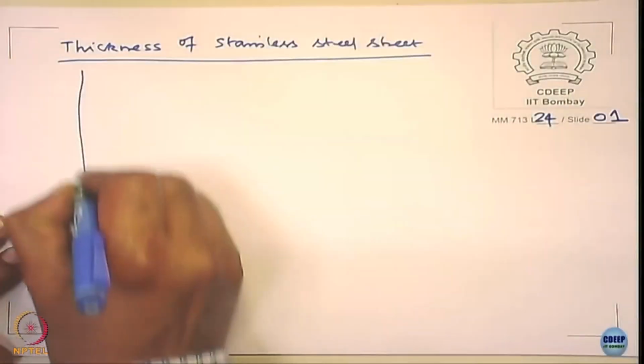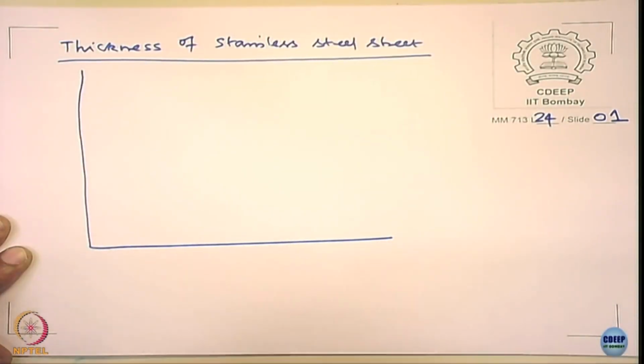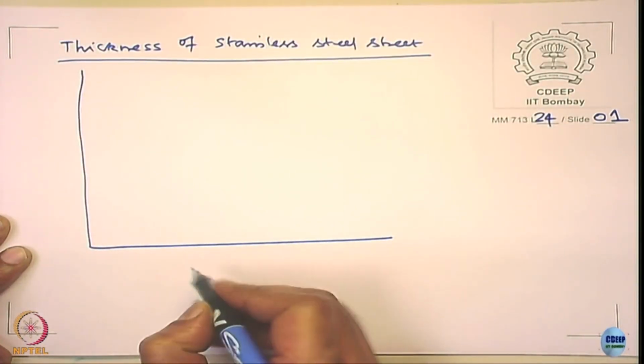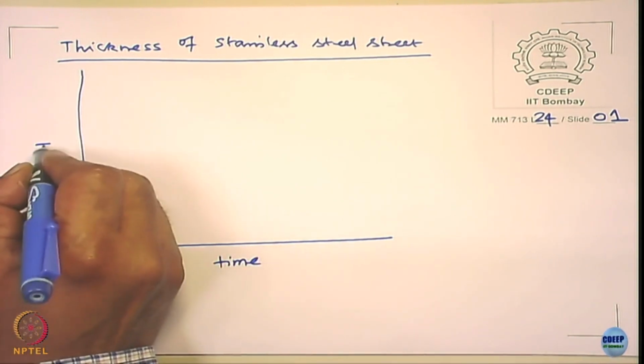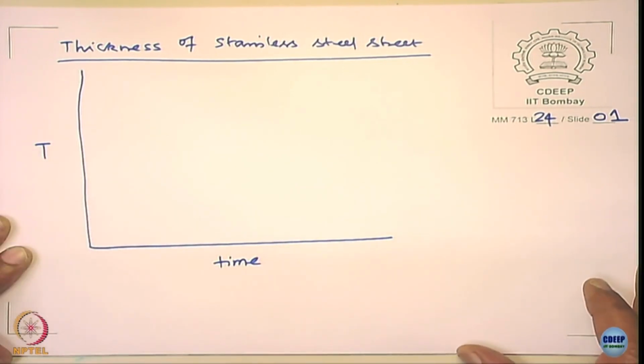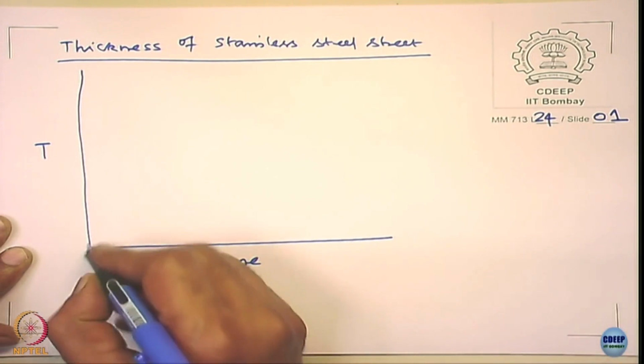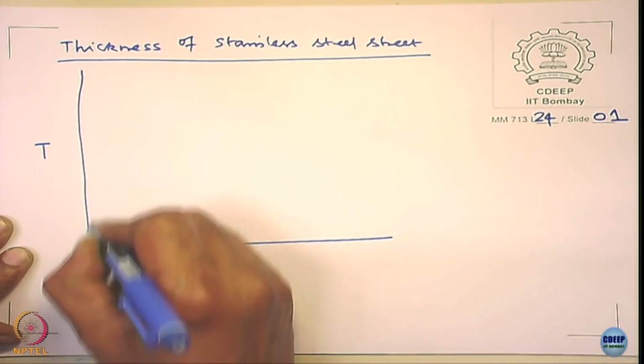So that can be depicted by a simple schematic diagram of time versus temperature for sheets of different thicknesses, which are welded at one go.